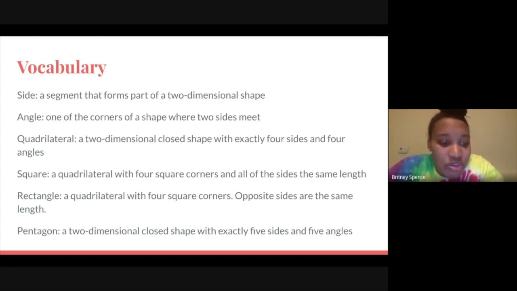Quadrilateral, a two-dimensional closed shape with exactly 4 sides and 4 angles. A square, a quadrilateral with 4 square corners and all of the sides are the same length. A rectangle, a quadrilateral with 4 square corners and the opposite sides are the same length. A pentagon, a two-dimensional closed shape with exactly 5 sides and 5 angles.